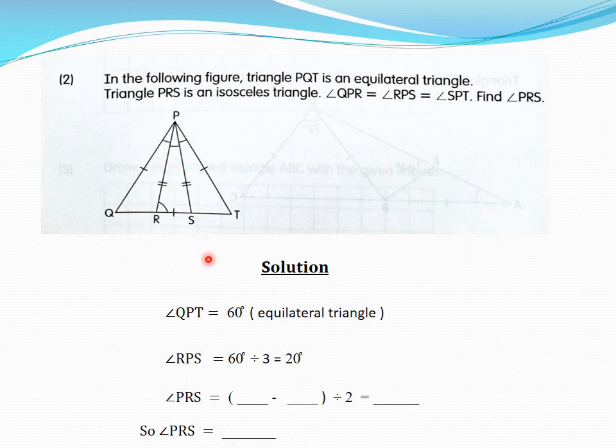Yes. So you can complete your own operation. How many degrees for angle R or S? If you know one side of angle R, we can know one side of angle S. But if you want to find angle R and angle S, we know the vertex of angle P. How many degrees?